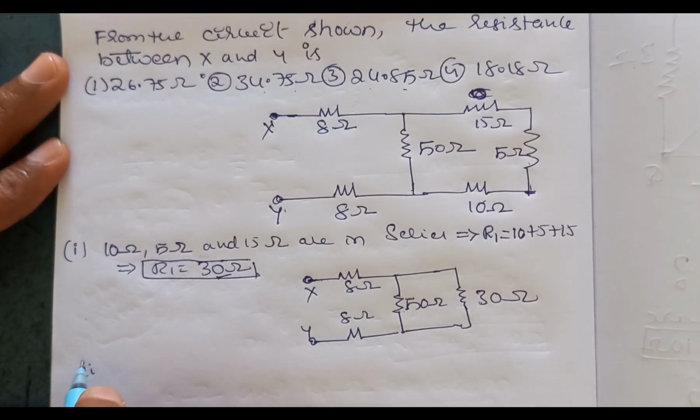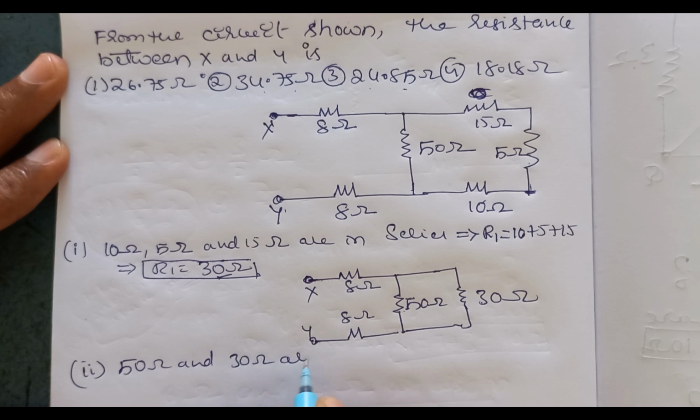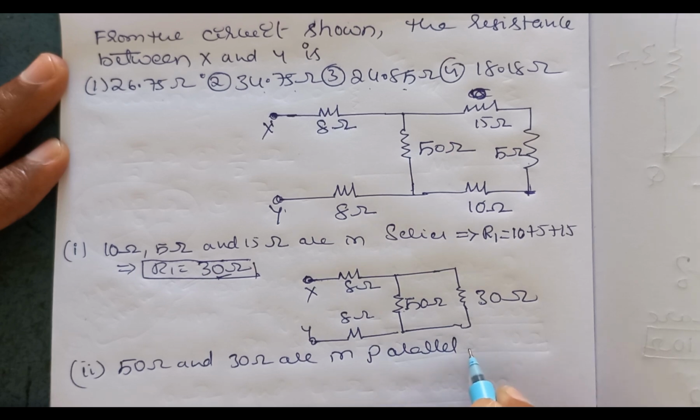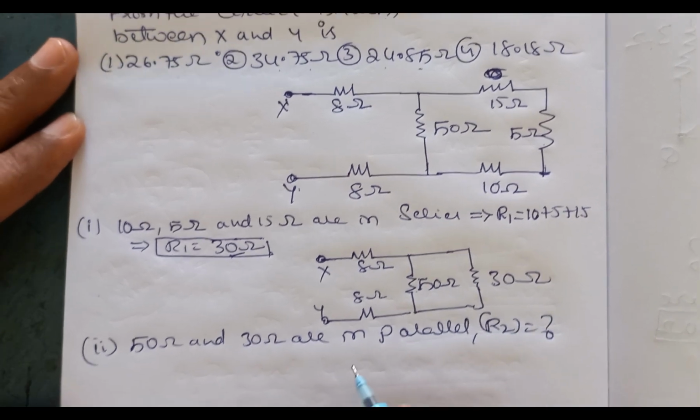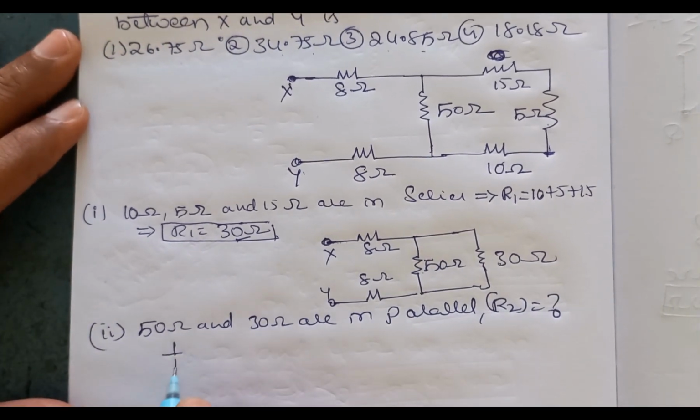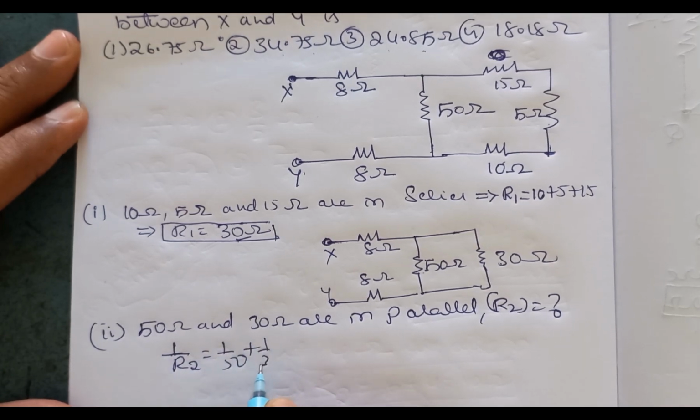So second case, 50 ohms and 30 ohms are in parallel. Now in parallel, what is the total resistance? You know, when the resistors are in parallel, 1 by R2 is equal to 1 by 50 plus 1 by 30.